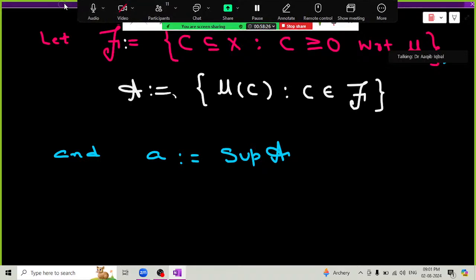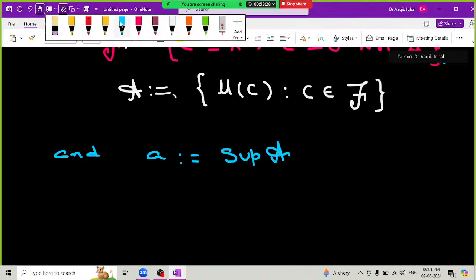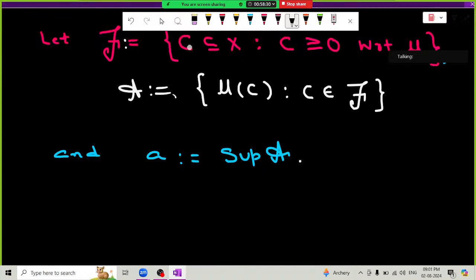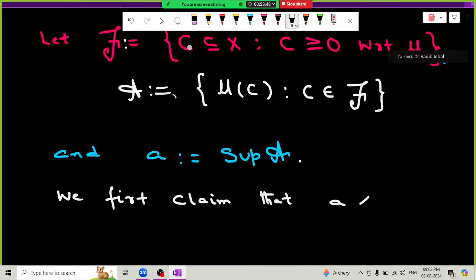My first claim is, we first claim that ये जो little a आप यहाँ देख रहे हैं, मेरा claim ये है कि it's a finite number. We first claim that this little a is less than infinity. और ऐसा क्यों?